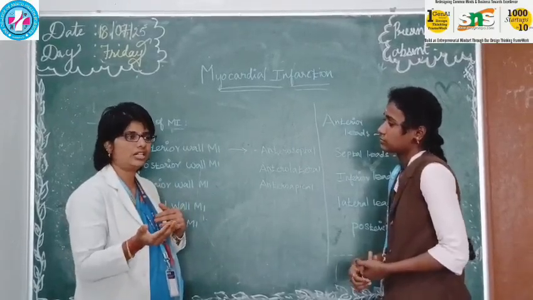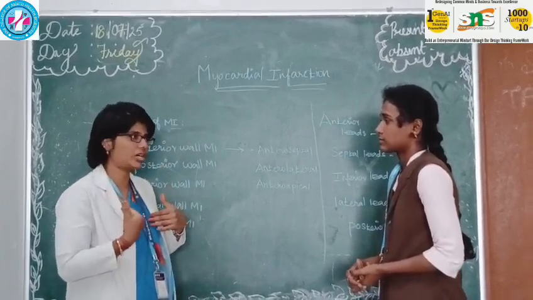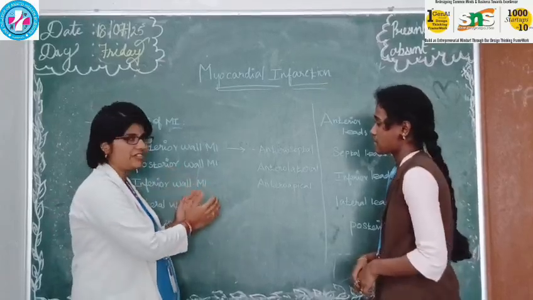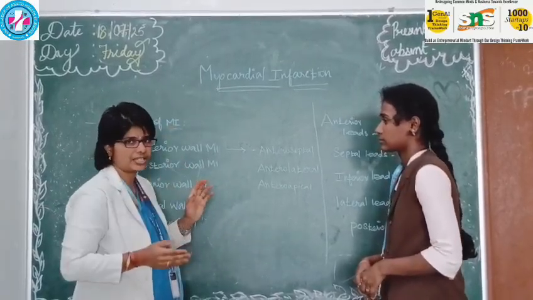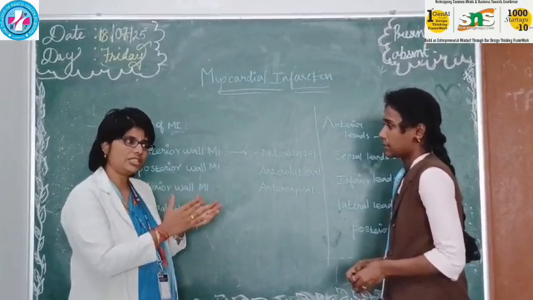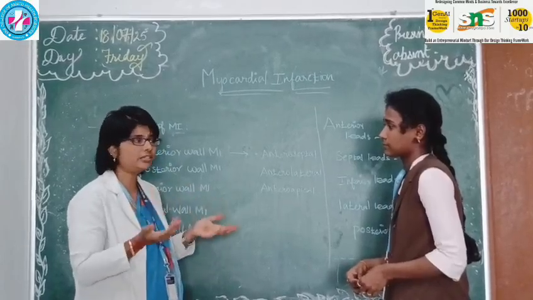Initially it is suffering, it needs some amount of oxygen. At that time we have a deflection, which is called elevation in the ECG. Sometimes the cell survives, sometimes not, and later cell death will occur.